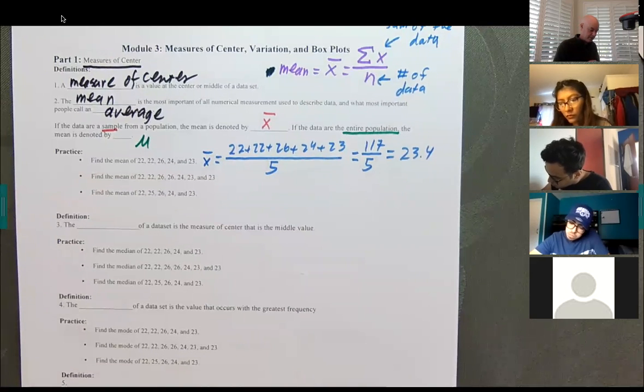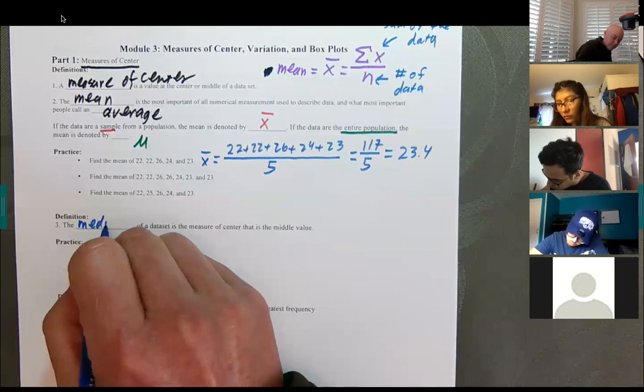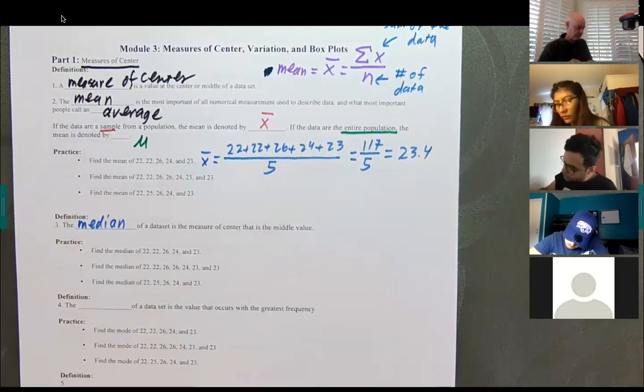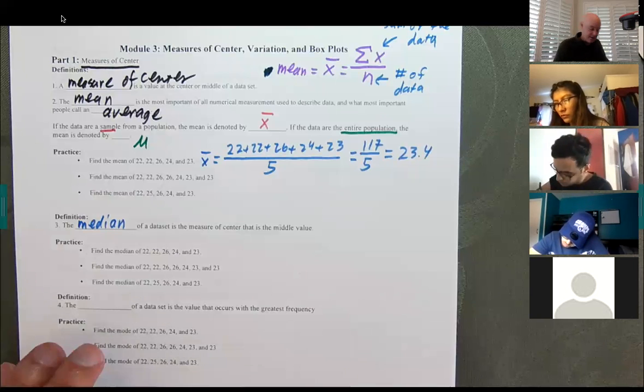which is the median. And the median is the middle number. Now, what we need to do, first off, is rewrite the data set in order. So you could put it in your calculator and hit sort. I'm going to do this one by hand.